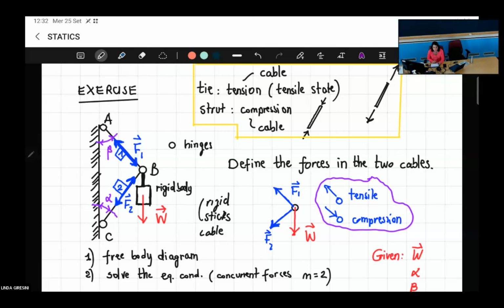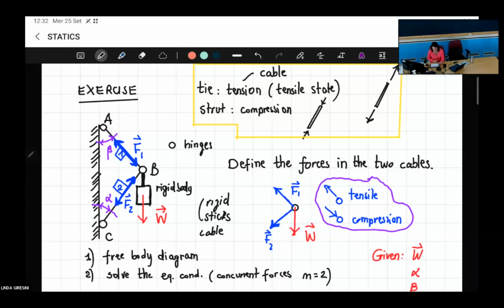But I'm trying to keep the same definitions reported in the book. So in the book, there is this expression. But if you get confused with that, we can simply remove this. When we talk about compression, we talk about a strut.